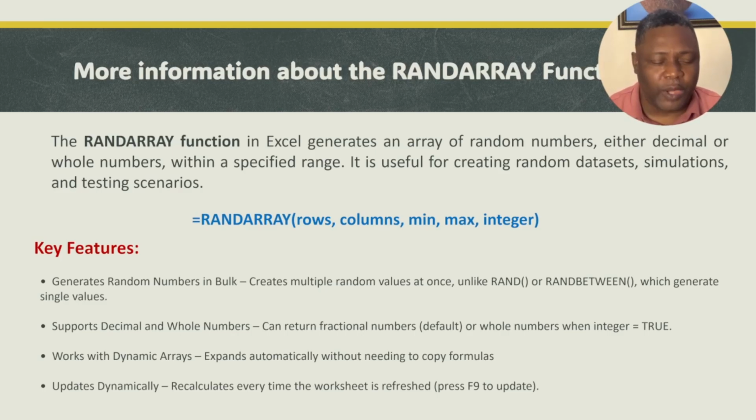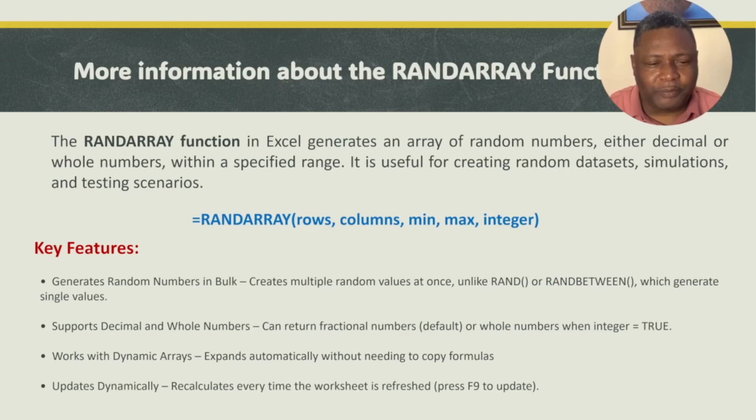When I was teaching RAND and RANDBETWEEN, I had to drag from one place to the other to fill other cells with random values. But RANDARRAY is a new function that takes care of that, so you don't have to be dragging left and right. It will just create as many values as your selection.